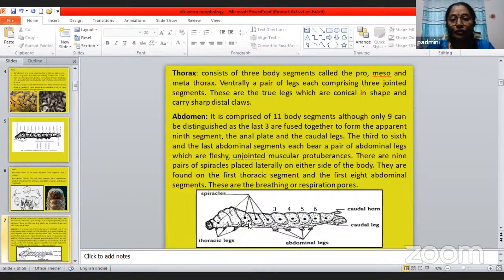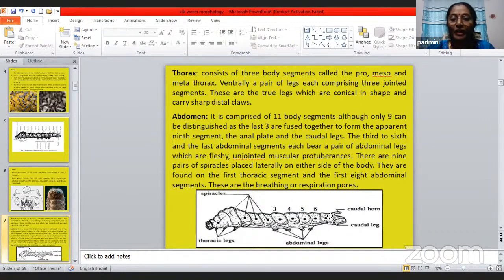The abdominal region is composed of 11 body segments. But when you count, you get only 9 body segments, because the 9th one is fused with 3 segments. Hence they look as though it is only one part, but they are fused at the 9th region, with a caudal leg on the ventral part and a caudal horn on the dorsal part of the body.